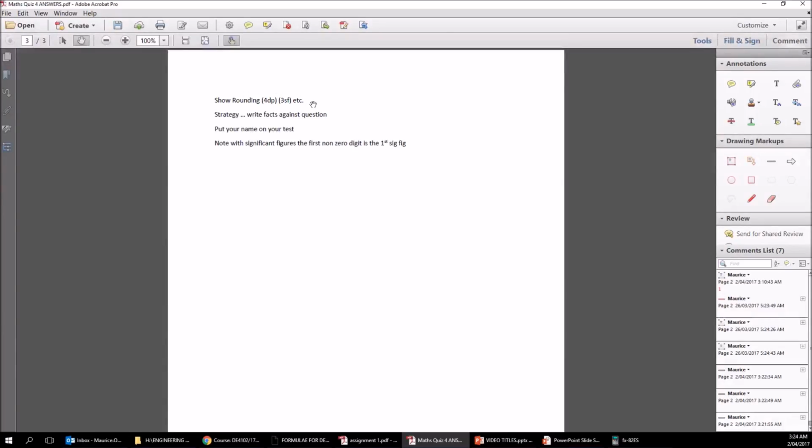Show your rounding. A lot of people miss this: the question says 3 decimal places or 3 significant figures, asking you to do that. It's testing you for rounding. That's part of the assessment. If you round incorrectly or you don't round at all, you will be missing out on some marks.